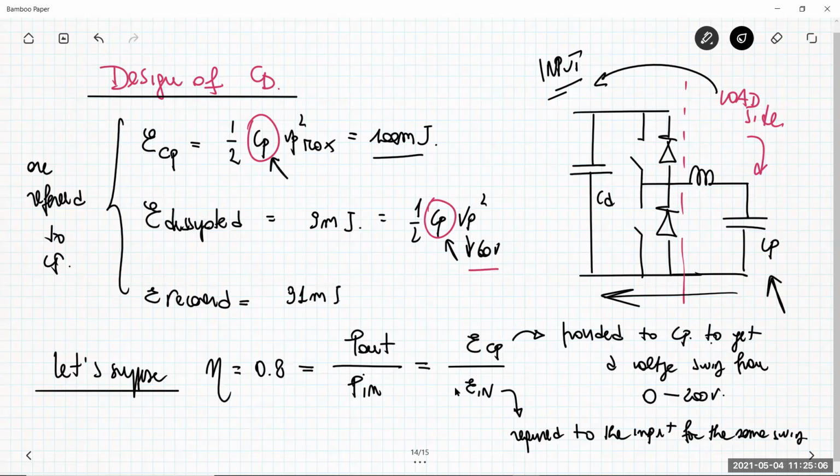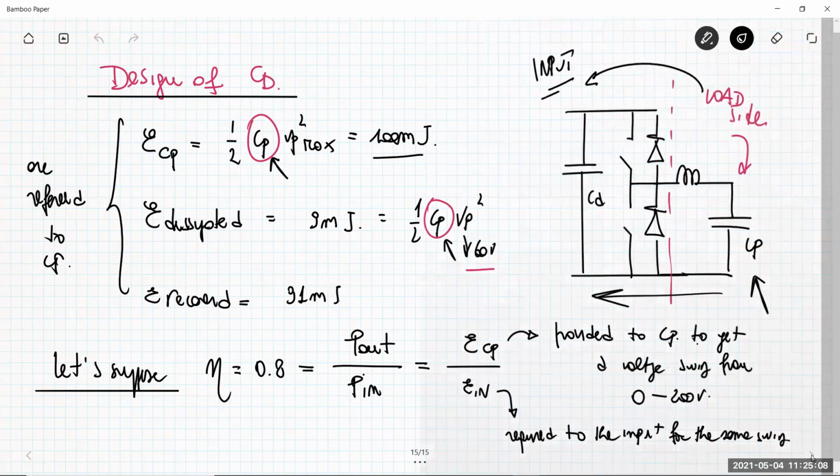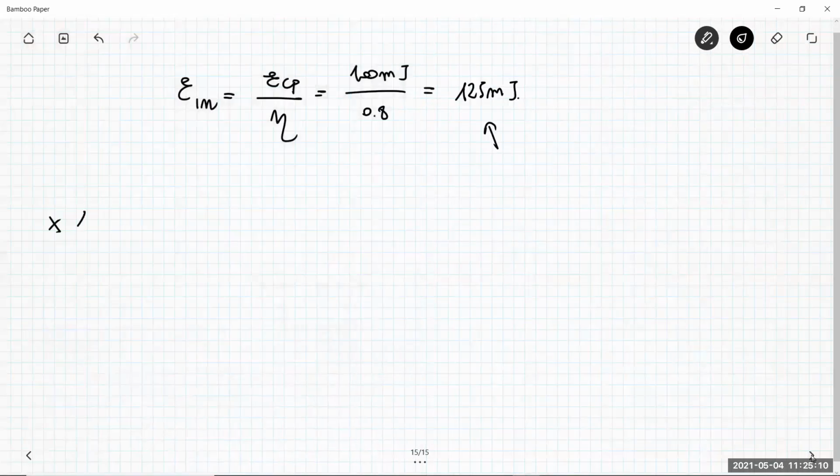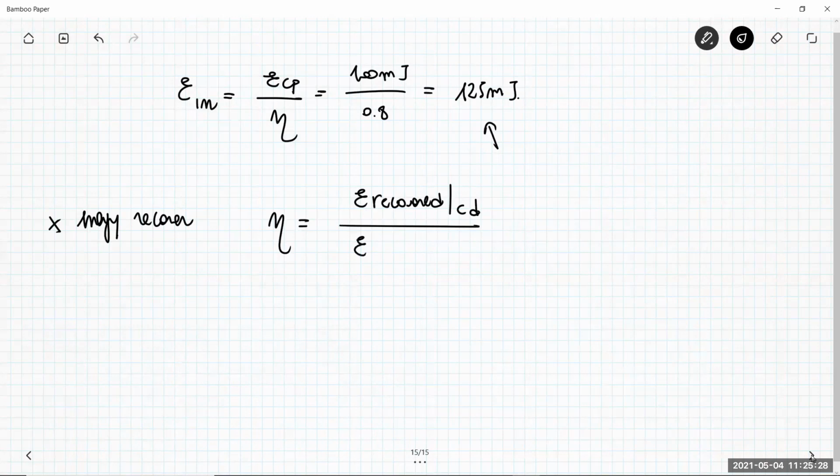So it means that in terms of energy recovery, eta is the energy which is recovered at the output, which is now the CD side, with respect to the energy which is recovered at the Cp side.